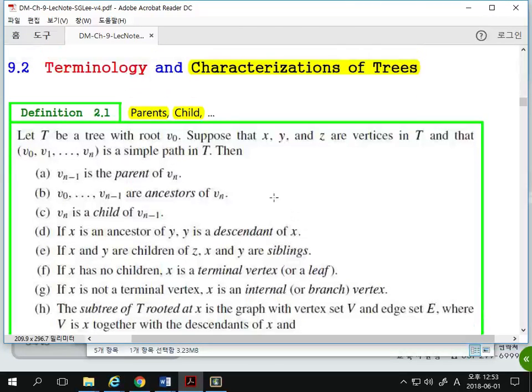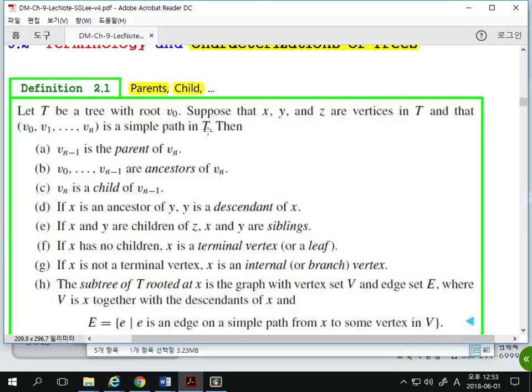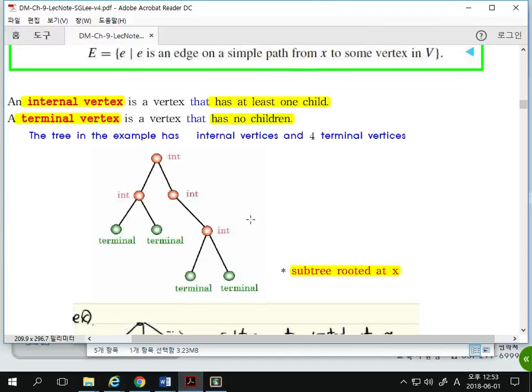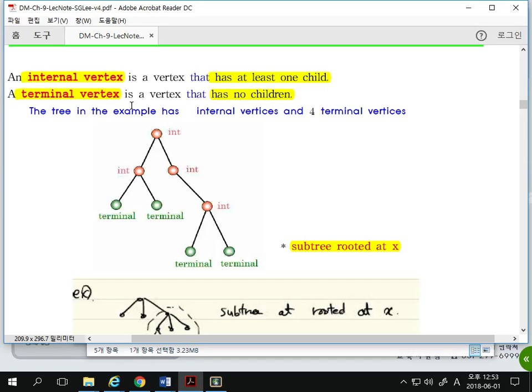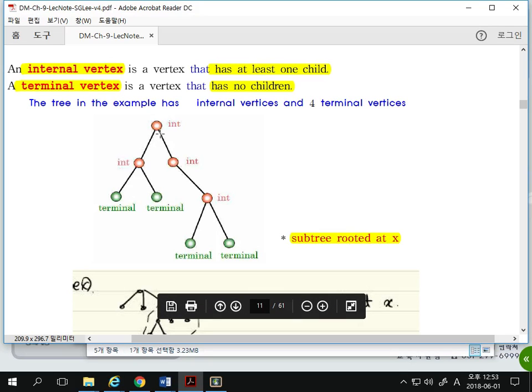We now start with the terminology of trees and characterization of trees: parent and child, etc. An internal vertex is a vertex that has at least one child. So this one has a child, this one has a child. So these are the internal vertices.